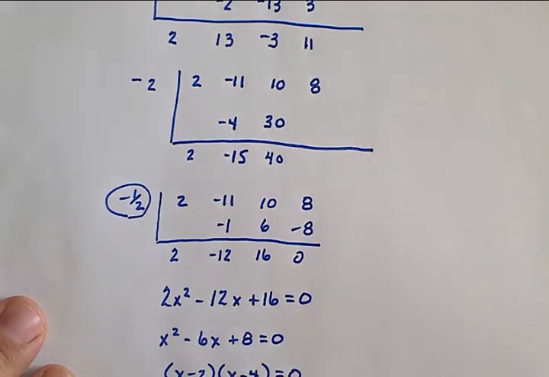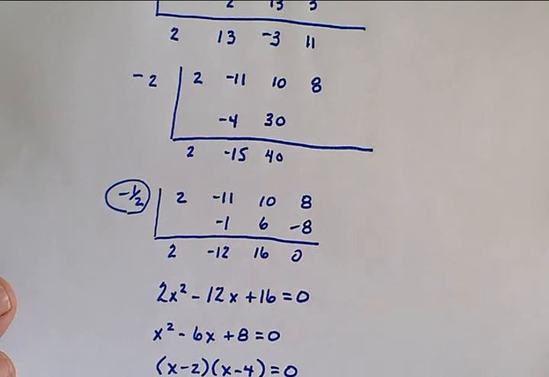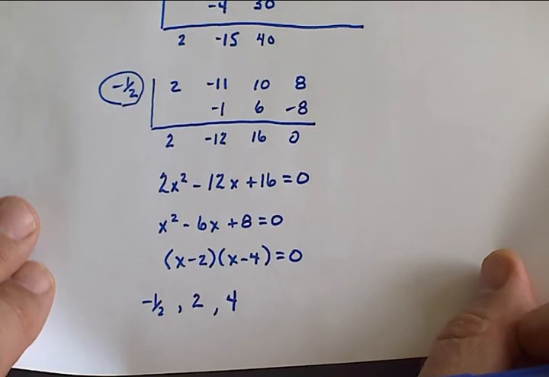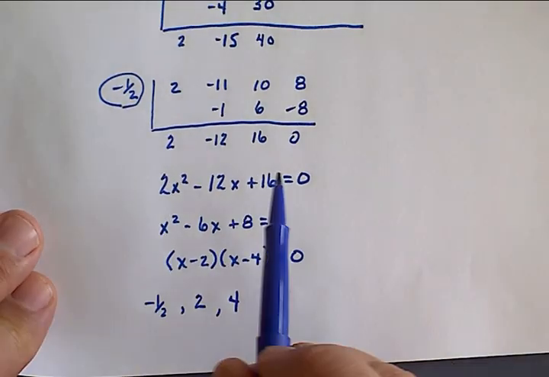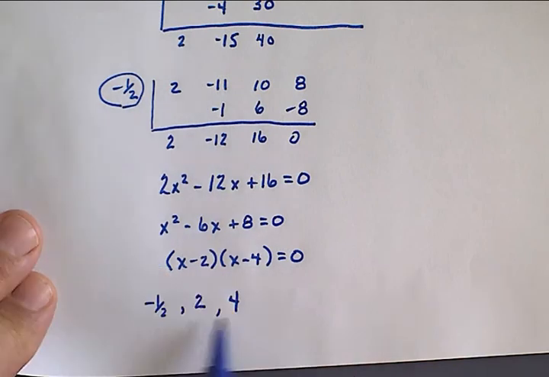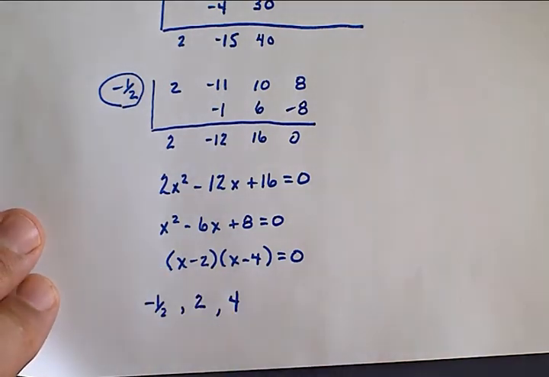So I picked the wrong numbers up above there, but take the negative 1/2, set this equal to 0, you get 2 is an answer, and 4 is an answer.